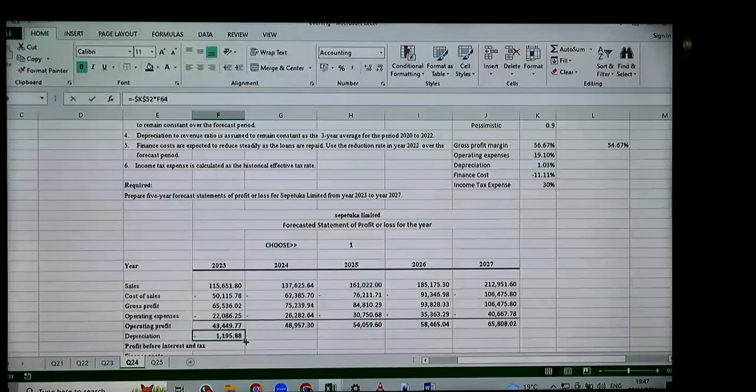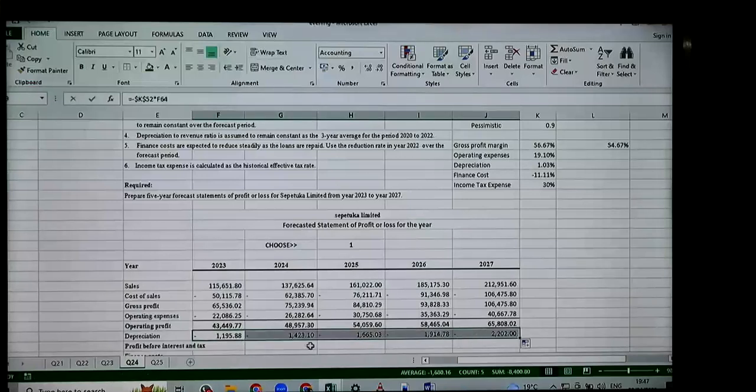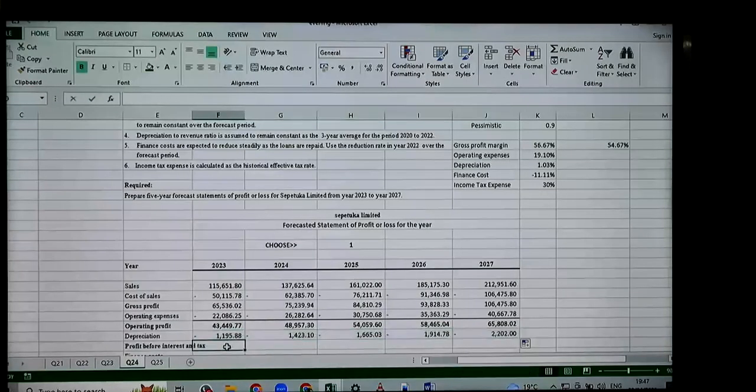I drag, control B to unbold. Then I'll go here to the profit. So this one will be alt equals, then I move up, press shift, move down, control enter, control B, alt HBP for a top border.